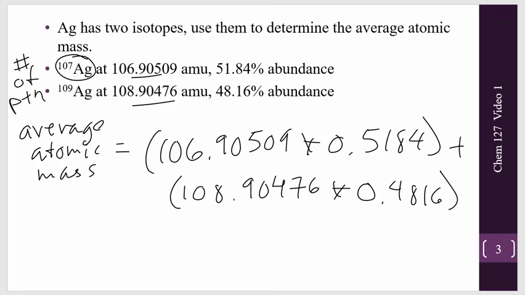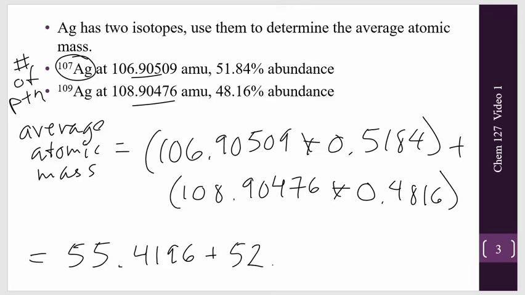If you do those piecemeal, the first term comes out to be 55 and some change, and the second term comes out to be 52 and some change. Then we'll want our answer to be in 4 sig figs for this question, so I'll round to that. So 107.9 AMU is the average atomic mass.